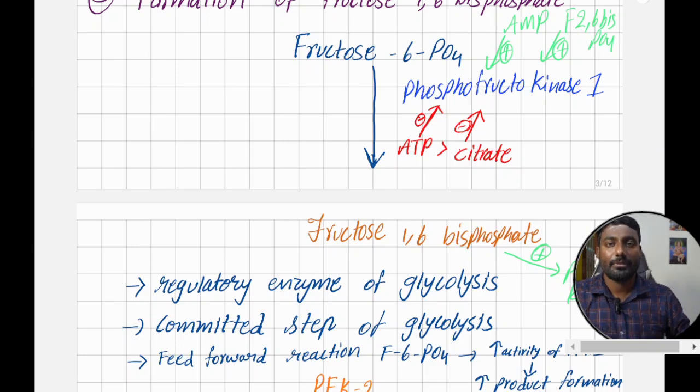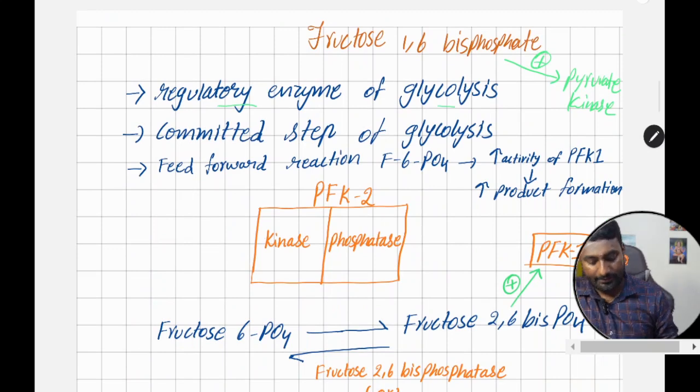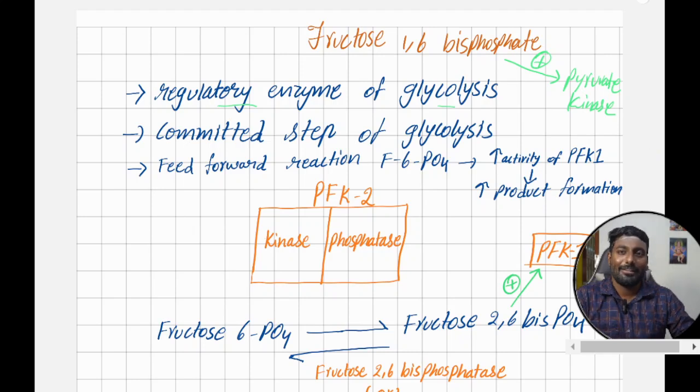Now, this enzyme is the regulatory enzyme of the whole glycolysis, and this step is the committed step of glycolysis. What do you mean by committed step? Suppose someone is telling that they are committed to someone, they will be moving lifelong like that.